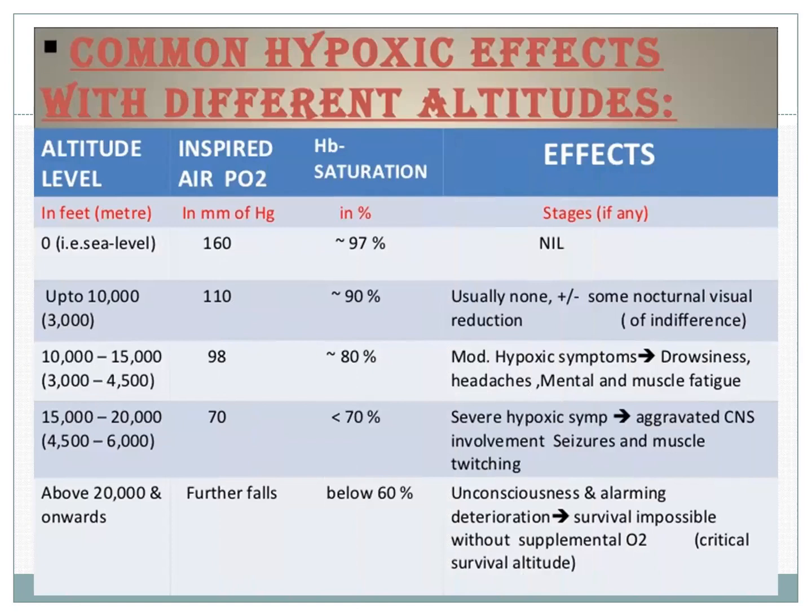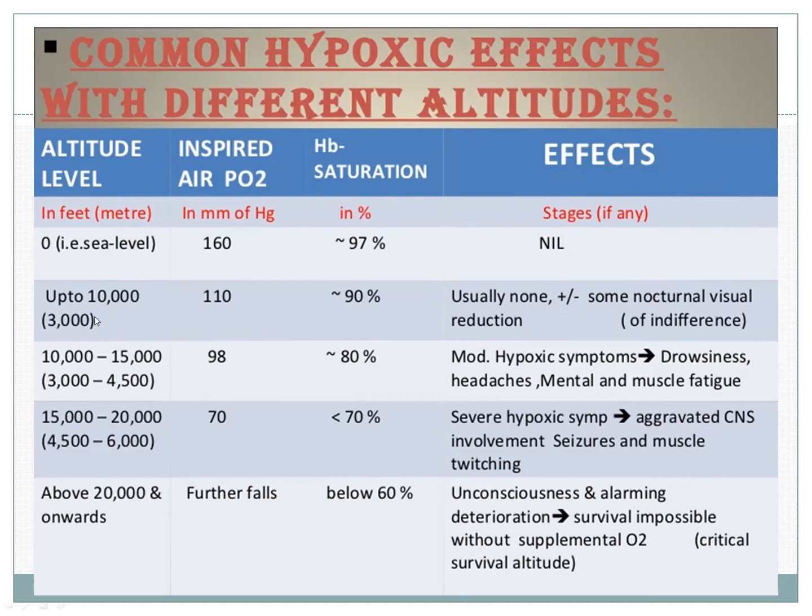Now, what are the common hypoxic effects with different altitudes? Definitely at higher altitudes, we are facing the problem of hypoxia, that is less oxygen pressure, and it is causing harmful effects. Now, what will be the effect? If you see in the meters and in the feet, here we can see that at sea level the inspired air will be 160, saturation is 97%, so there are nil effects.